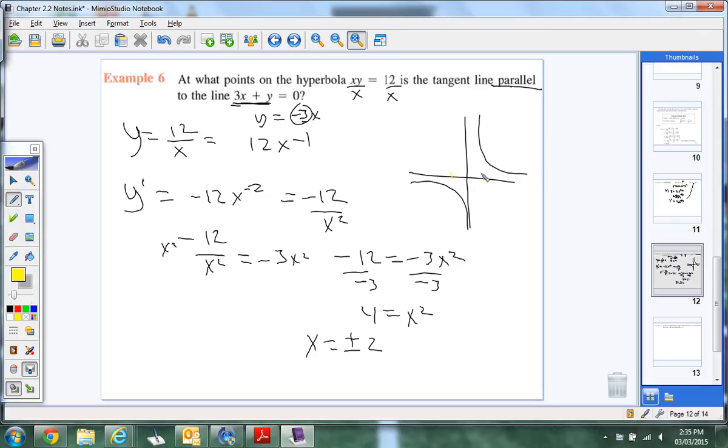The line that they have is negative 3x. So negative 3x is simply just something like this. Do we all agree? So then we're saying our tangent slopes are parallel to that. Obviously my lines aren't perfect, but that's why there's 2 answers, because that's what a hyperbola looks like. So these 2 lines here are parallel to the one they gave us and going through 1 point on our graphs.